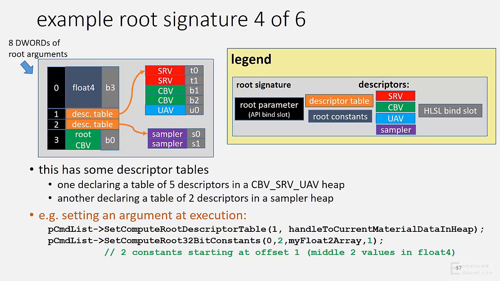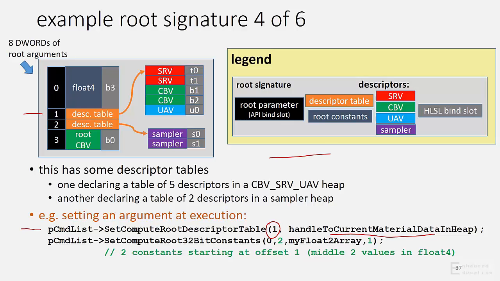As an example of binding a descriptor table on a command list, here we see the first descriptor table, the one at API slot 1, being bound to some location in a descriptor heap.